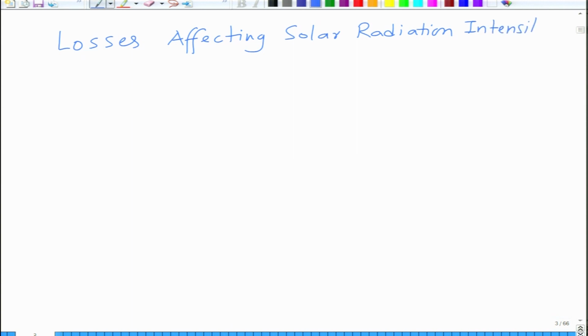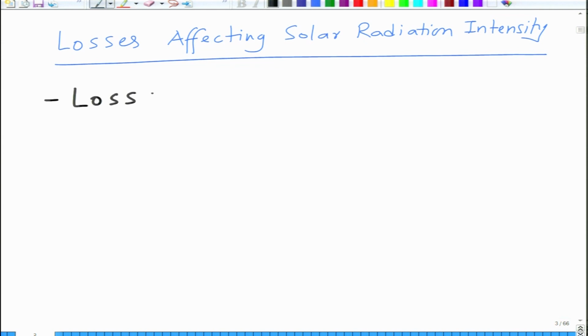losses. So, we look at the losses affecting solar radiation intensity. So, first reduction happens.